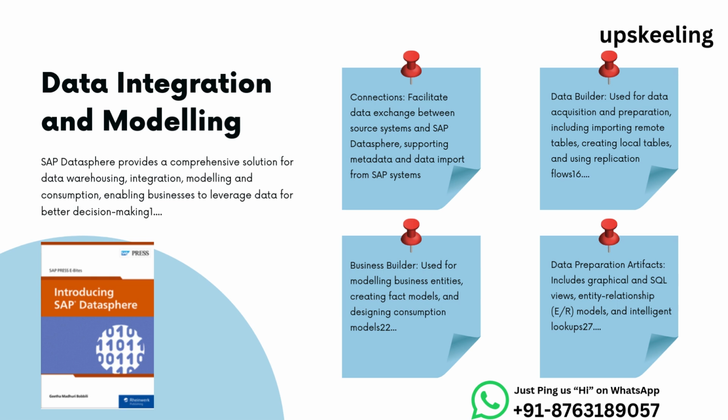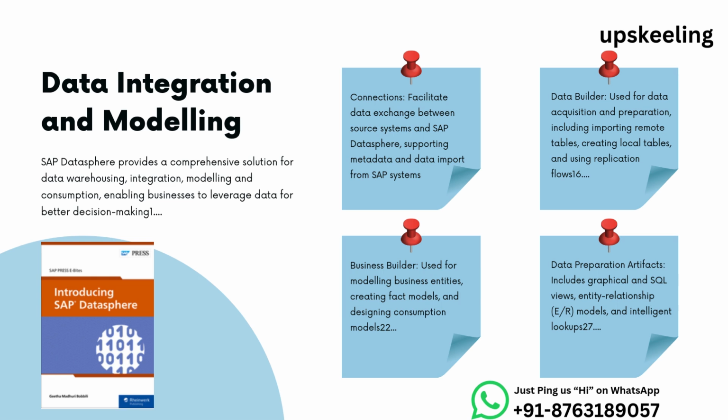What kind of models can you create in the business builder? You have business entities, which can be either dimensions or facts, just like in the data builder. But you also have fact models and consumption models. Okay, break those down for me. Fact models are like templates or blueprints for building analytical models. They allow you to predefine measures, attributes, and filters that can be reused across multiple models.